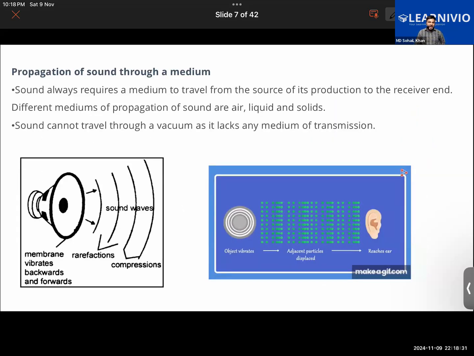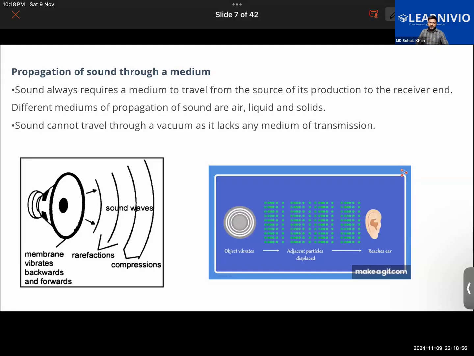The next thing is how sound moves through a medium. In order to understand this, I want to tell you about one important thing: there are two types of waves. First of all, we need to understand what waves are and what the types of waves are.